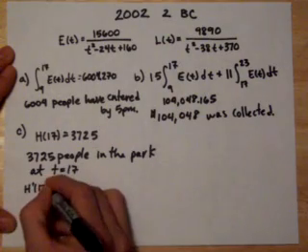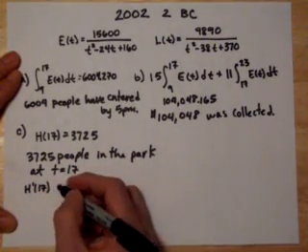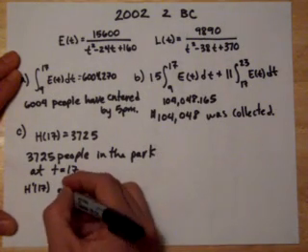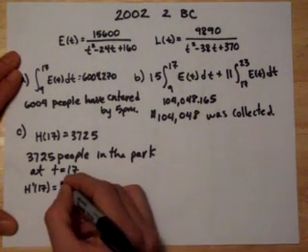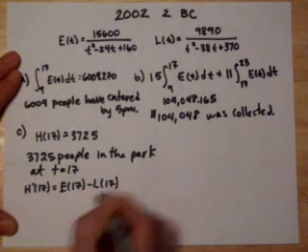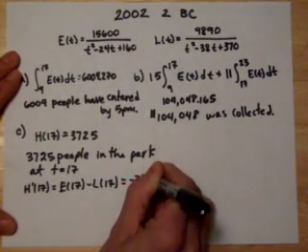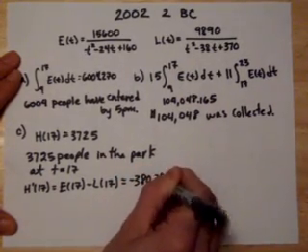H prime of 17: if you take the derivative of the integral from 9 to t, then you just plug in t, and so it's E of 17 minus L of 17. That's a calculator problem, and so you get this.